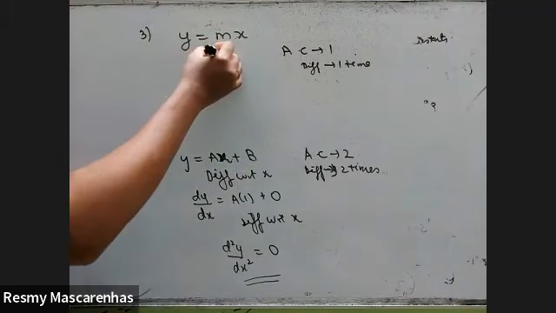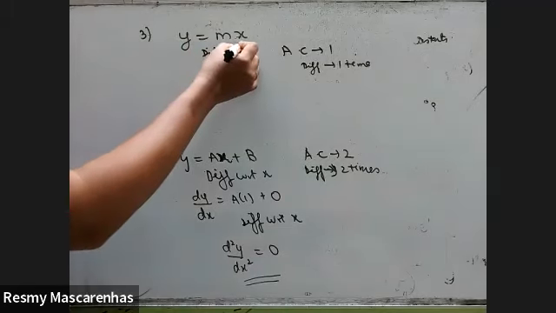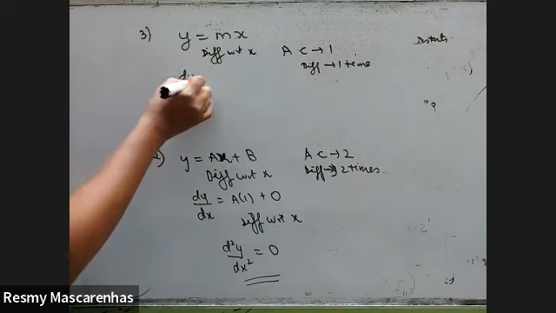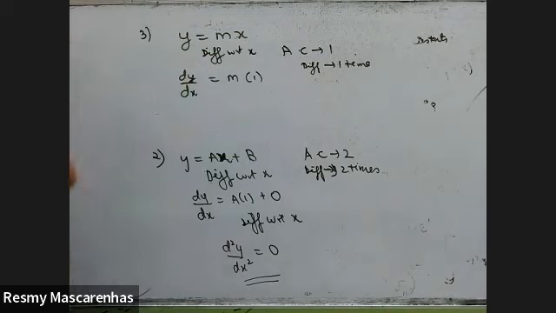When you differentiate, this will be dy by dx equals m. The derivative of x is 1. So dy by dx is m.